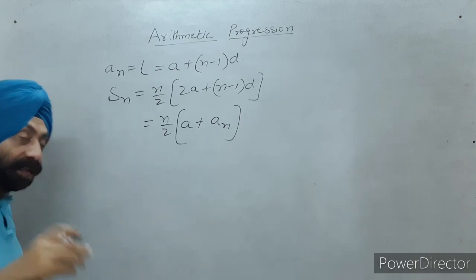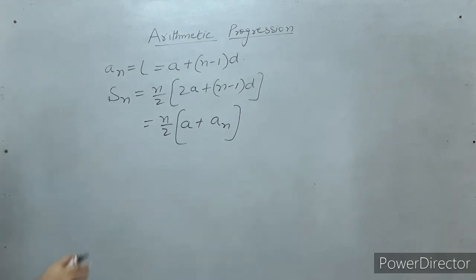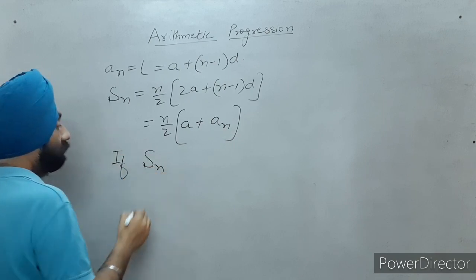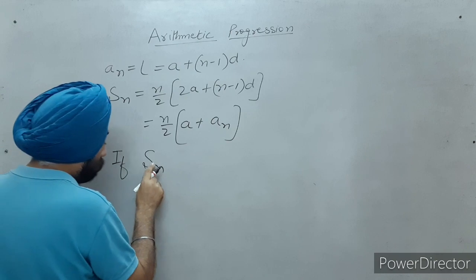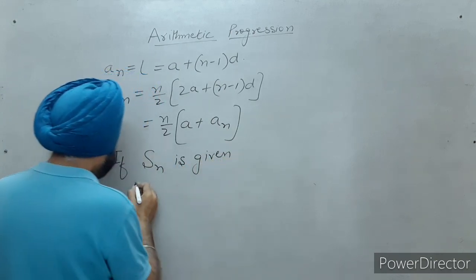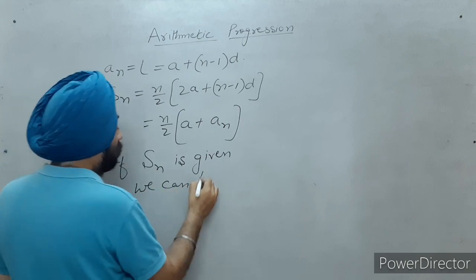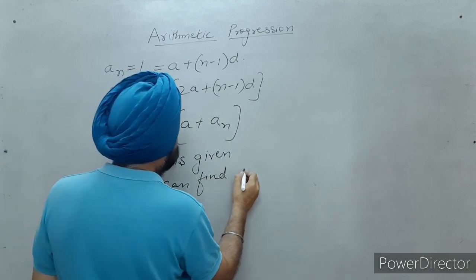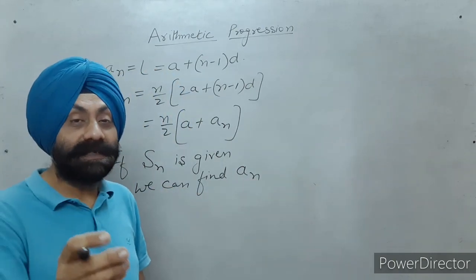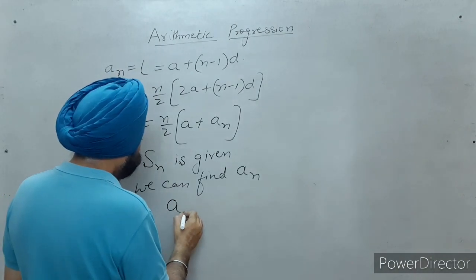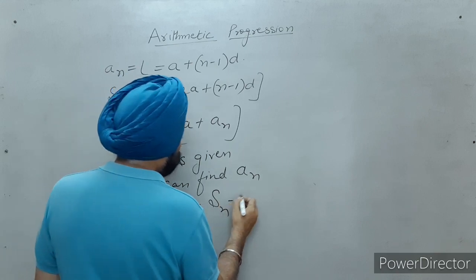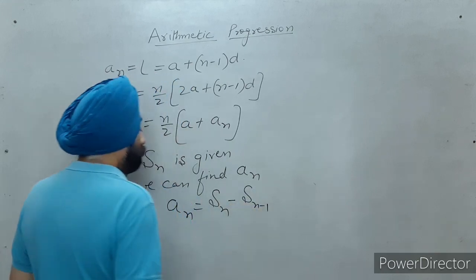Now one more thing I want to tell you. If the sum of n terms is given, we can find the nth term by using a very basic formula: the nth term is S of n, that is the sum of n terms, minus the sum of n minus 1 terms.